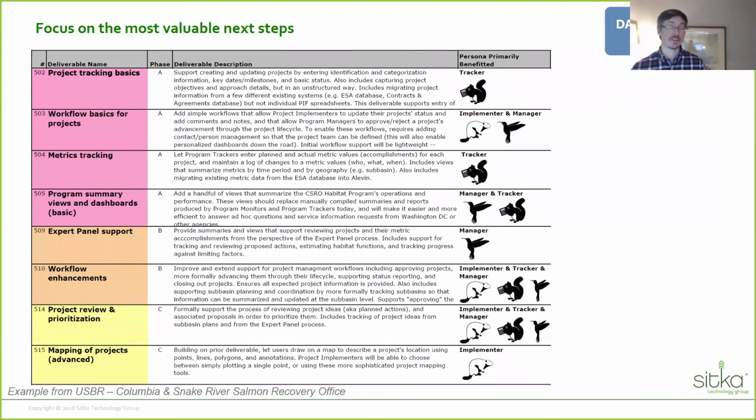We were also able to tie back to the personas to say, okay, once we implement this deliverable and you make these improvements, you'll be able to benefit the trackers, for example. And they decided to put these into phase A, and then these into phase B, and these into phase C, and that gave them flexibility as to how they budgeted and worked through this improvement effort.